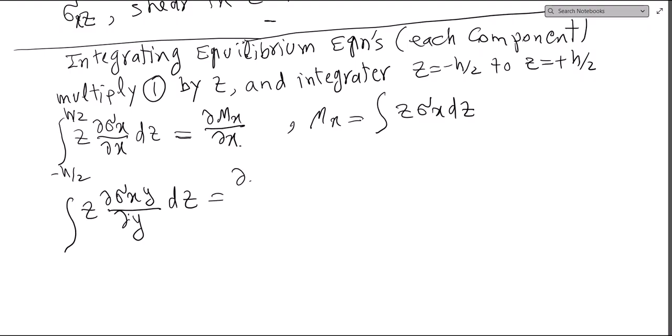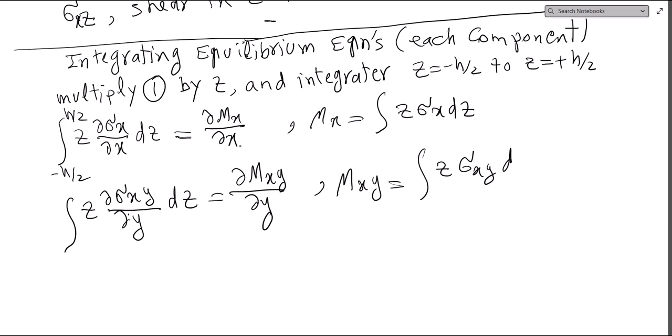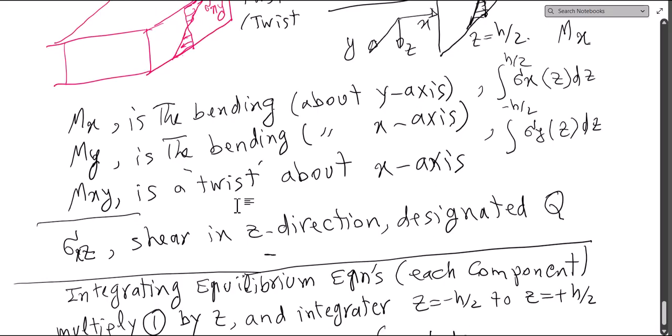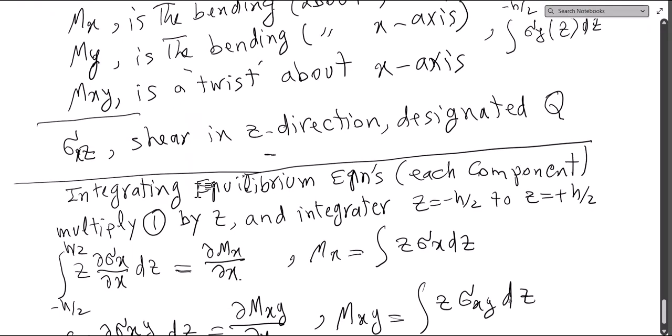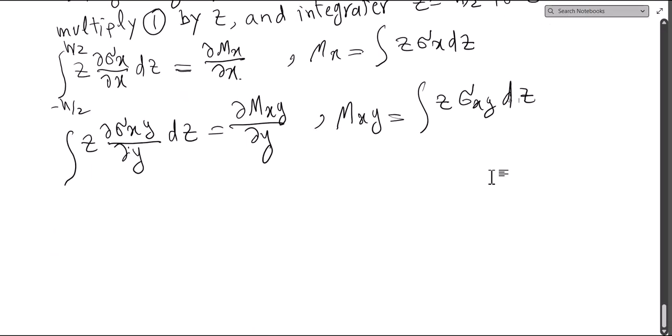This is dmxy/dy, where mxy, as I explained for mx, is the integral of z sigma xy dz. This is basically the quantity that we discussed here. So if we want the moment of this stress, the torsional moment, then we have to do this integration.